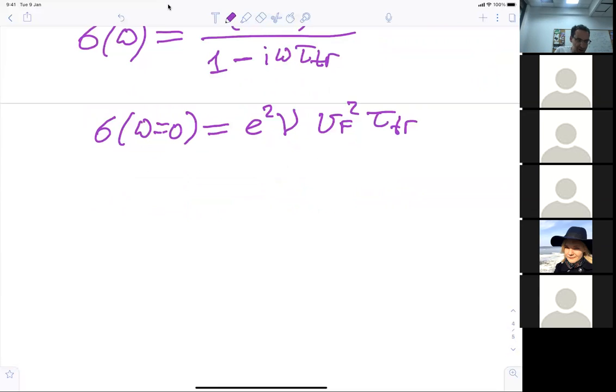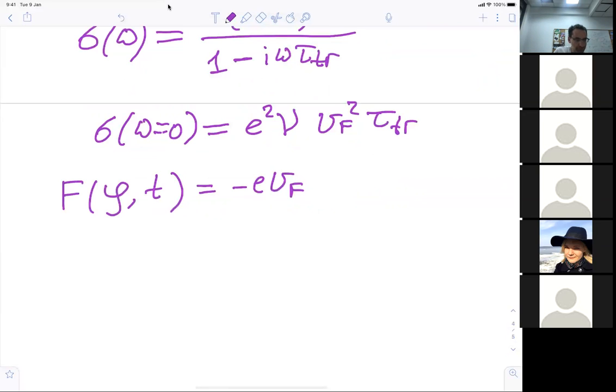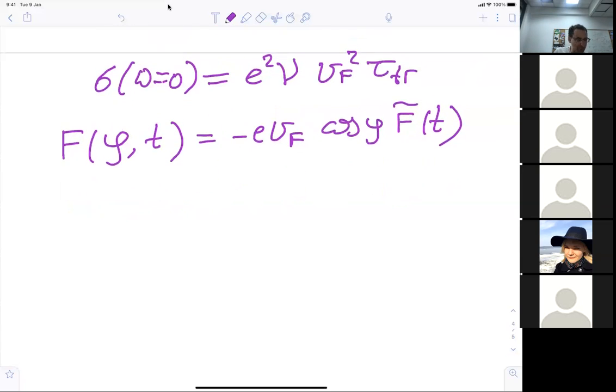In this case, the deviation of the function from equilibrium is parameterized by the function f, which is also a function of time. So if I don't do the Fourier transform, I just keep the time derivative. I'm solving the same problem once again.